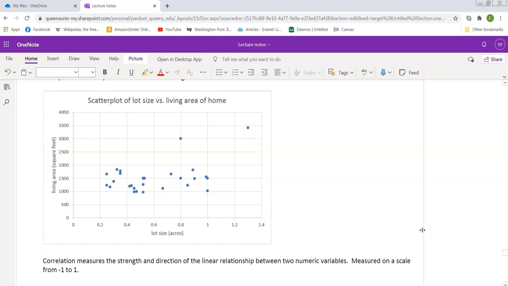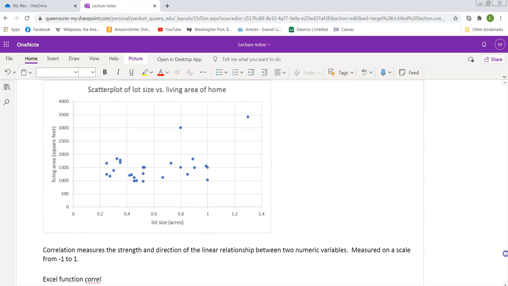There are tons and tons of large homes on small lots and vice versa. And nobody looks at the lot size and says, oh, this is a huge lot, so I'm going to put a mansion on it. That's not really usually what that decision looks like.